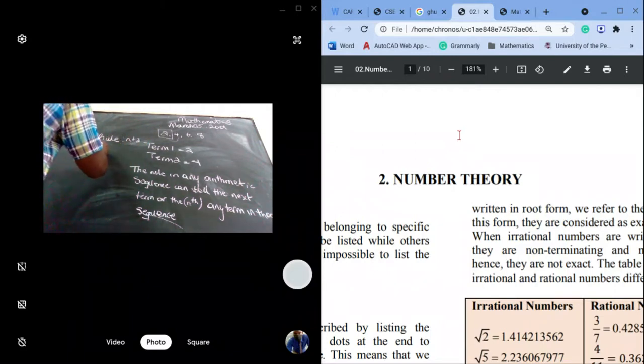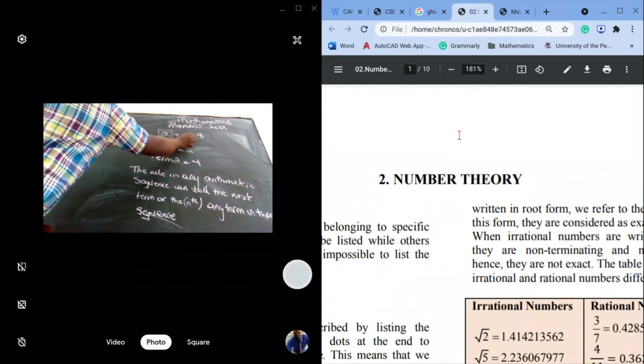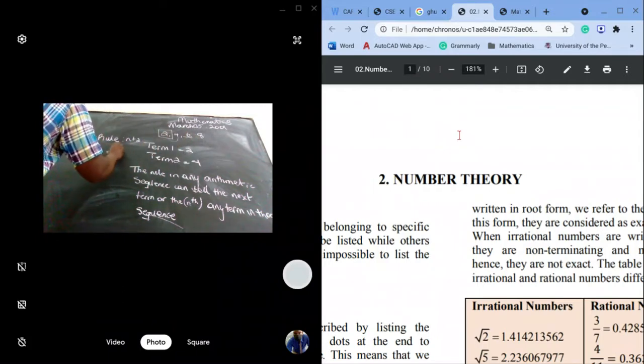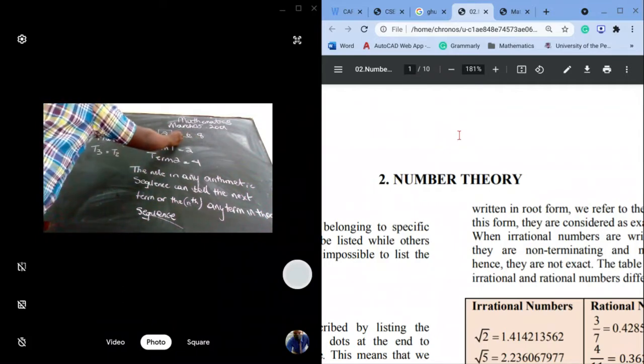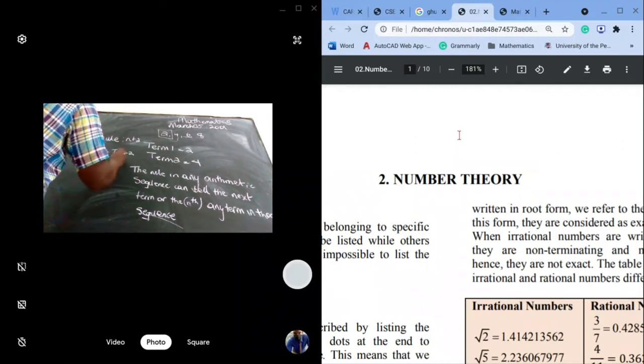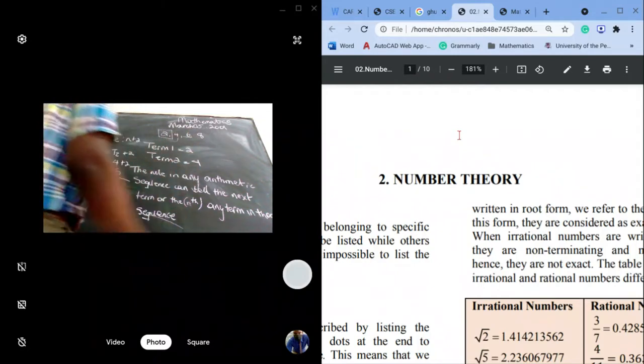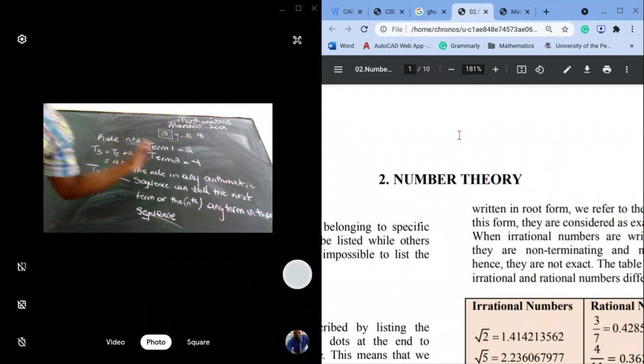So if I want to find the third term, T3, I would say term 2, which is 4, plus 2, which would be equal to 6. T3 is equal to 6, and we see that's true. So this is what we've been going through. We can take that out.